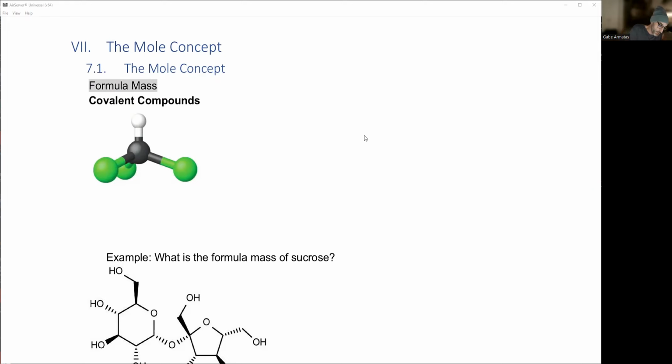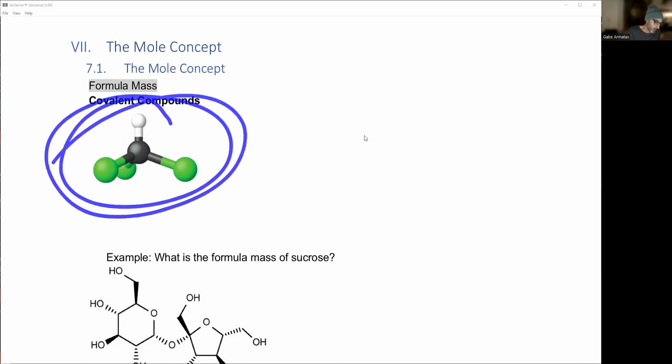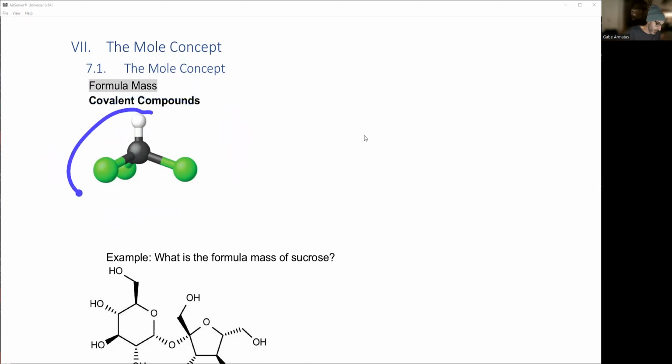So let's just start with a couple ideas. First of all, formula mass. Before we proceed, this compound right here is a covalent compound. This is just from experience, you wouldn't be expected to know this. I have a carbon in the center, and I'm going to mimic the exact same drawing here.